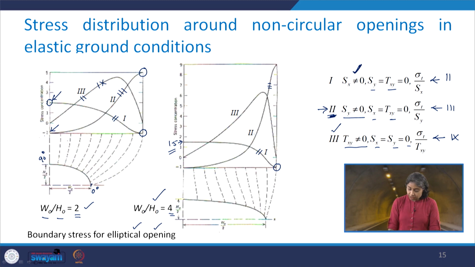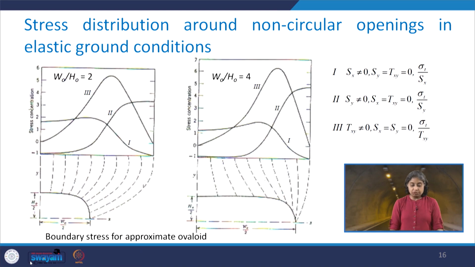See beta equal to 0, and the stress concentration factor you get is as high as 9, while it was 5 in this case. Although at beta equal to 90 you have the same stress concentration factor, that is -1. So this was about the elliptical opening.